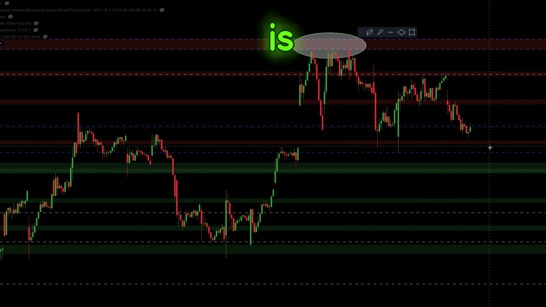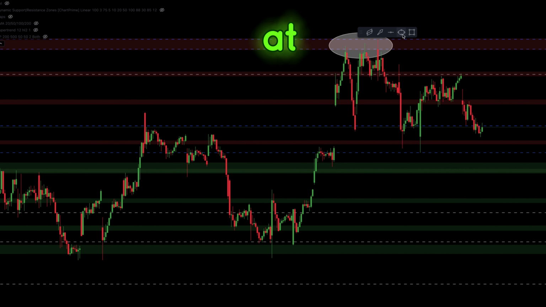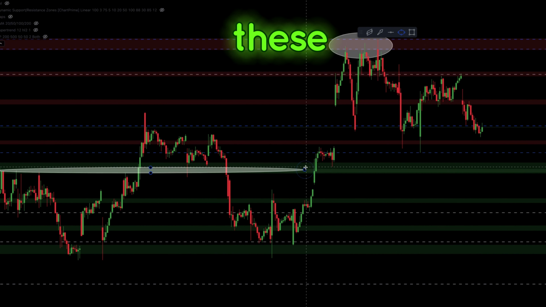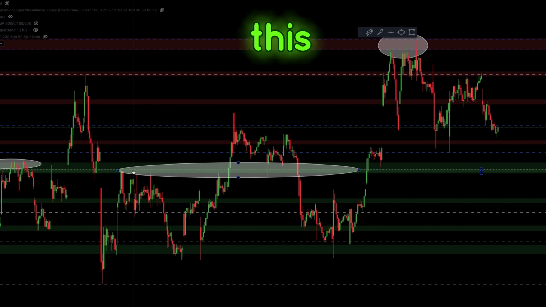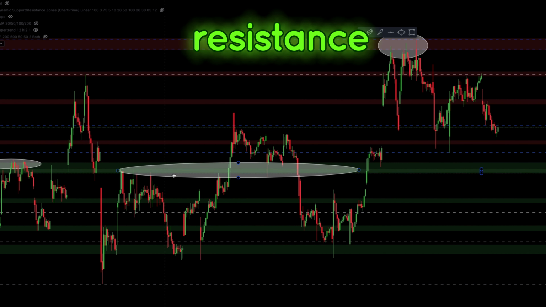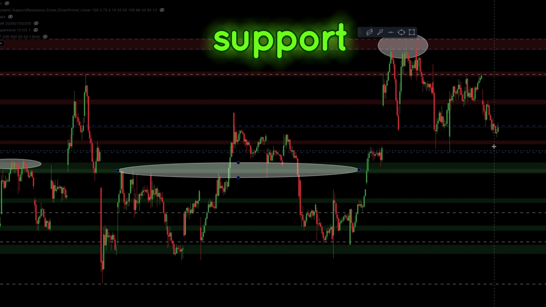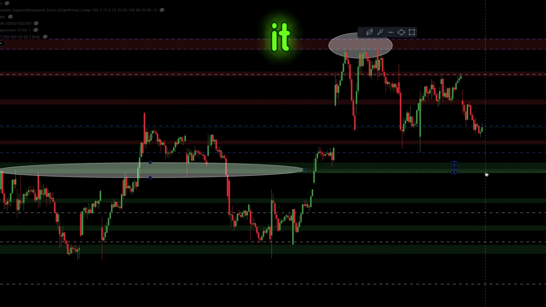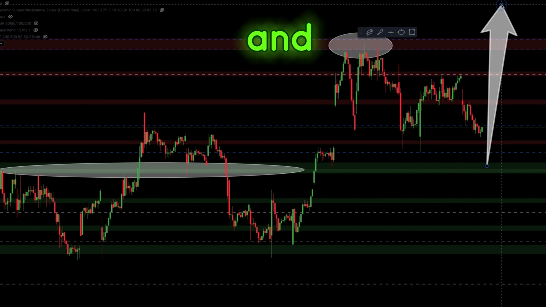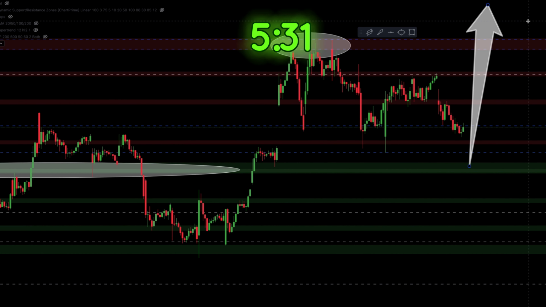So now this thing is lower, and I am looking at these zones right here for it to find that liquidity. This 502 zone, we can see this resistance turned into support. And if this thing can find support at this level, this is where it can finally find that liquidity to move higher and break above that 531 zone.